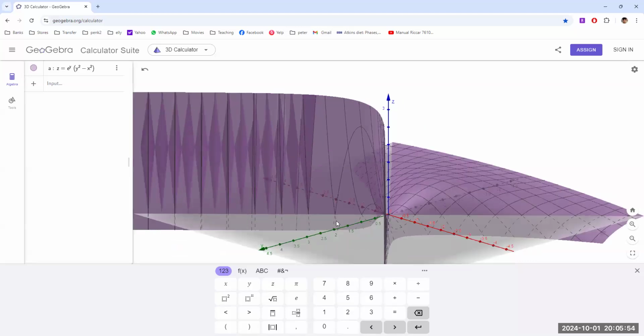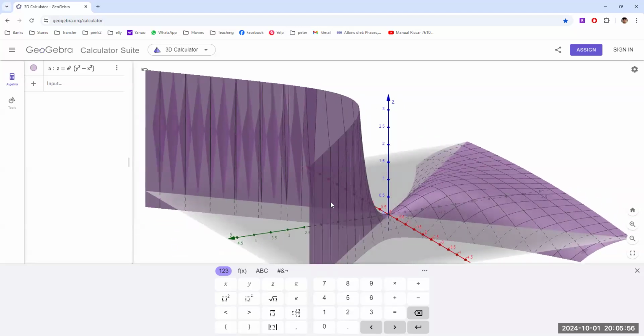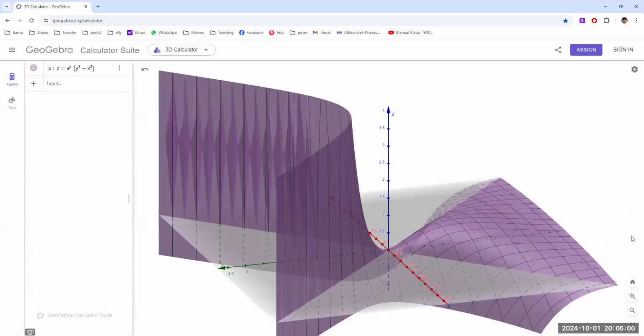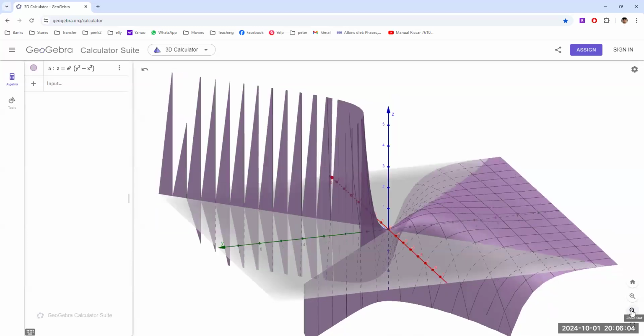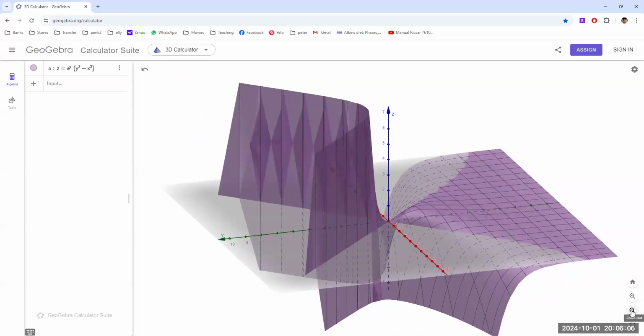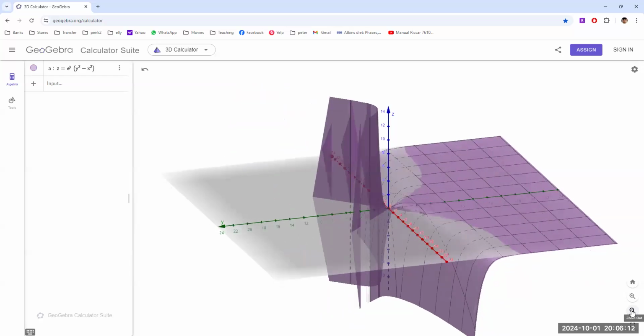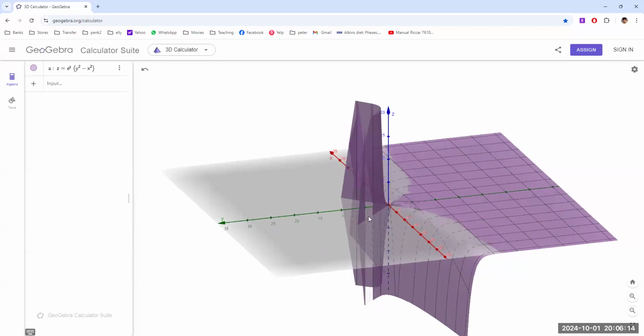Not that nice. We don't really see the 2, huh? The 2 is around here.